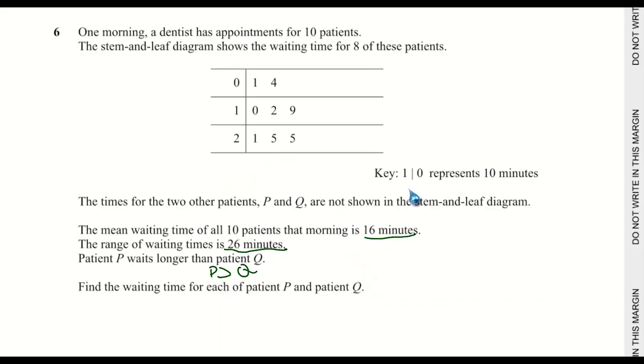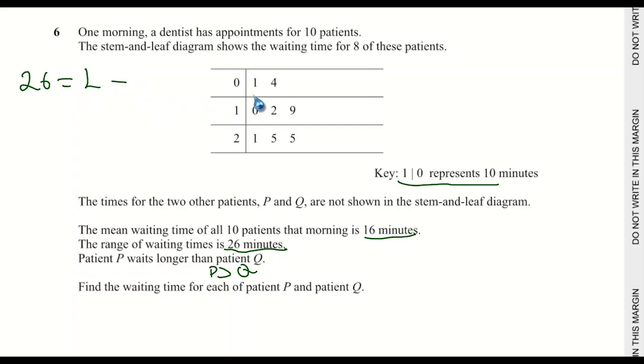Okay, and we have the diagram. This means 10 minutes, right? So this is going to be 21, 25, 25, 10, 12, 19, and 1 and 4 respectively. Okay, let's start from the range. Since the range is given as 26, we can say 26 equals the longest waiting time, L, minus the shortest.